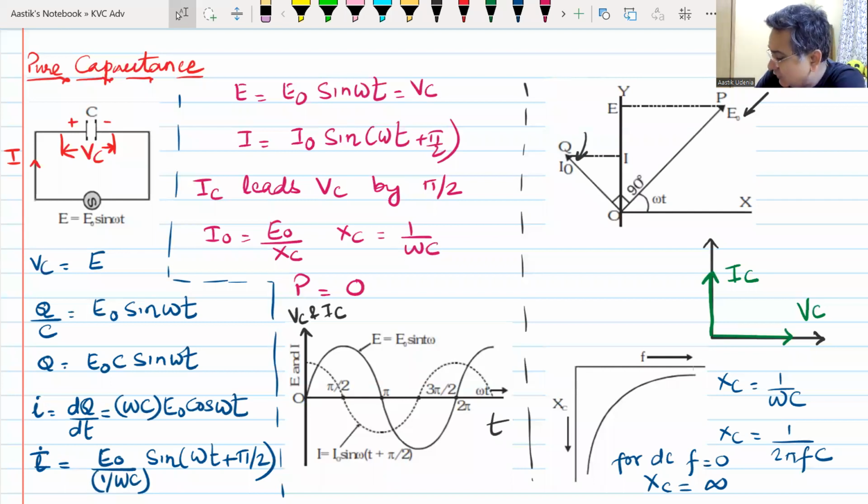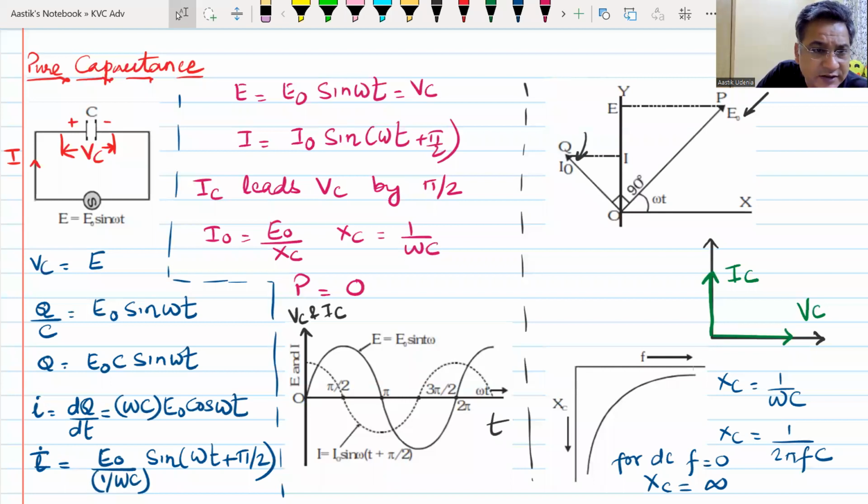This was the case of a purely capacitive circuit that brings us to the next circuit.